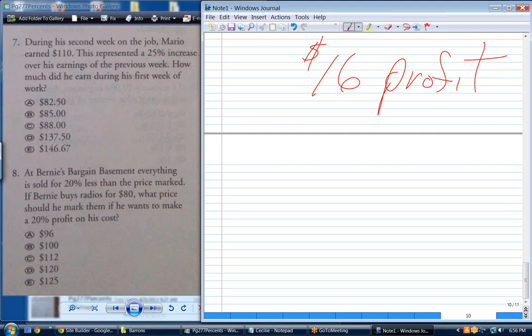Right. So he needs the price to be more than $96. Okay? Because it's going to get marked off, right? If he priced it at 100, it would be sold for $80, and he wouldn't make any profit at all.